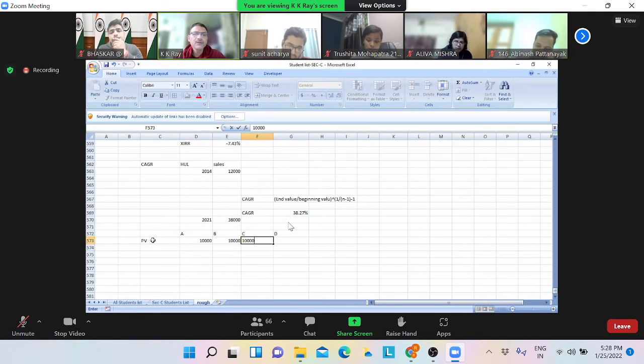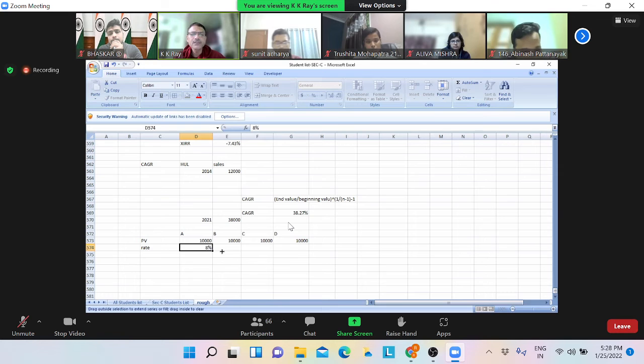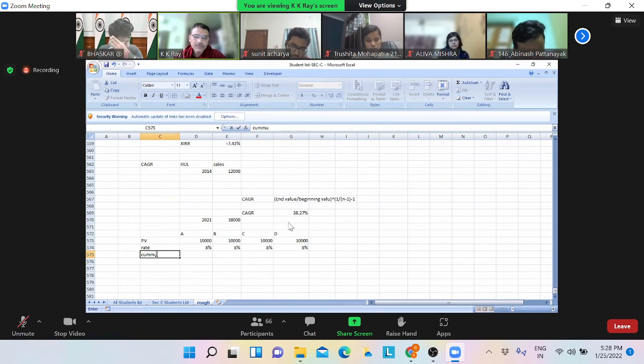Suppose the rate is 8% in all cases. All are offering 8%. The frequency for this is 1 year, this is 2 years, this is quarterly, this is monthly compounding.